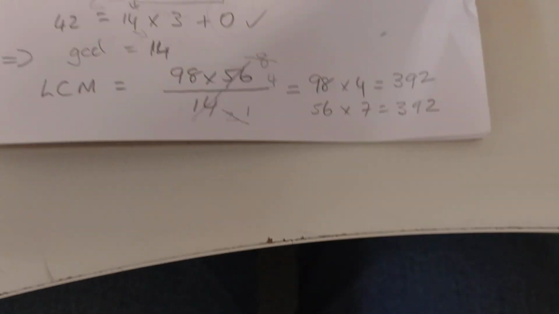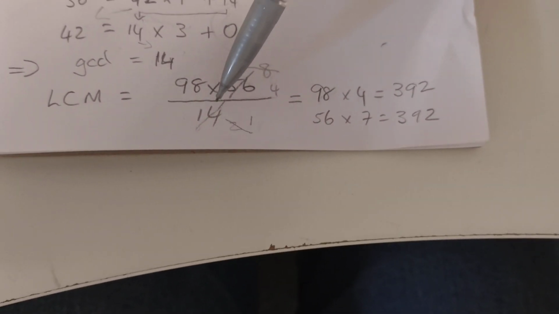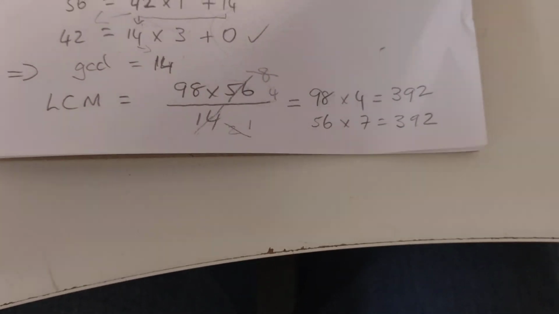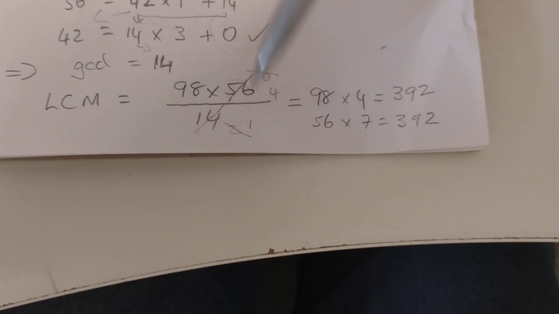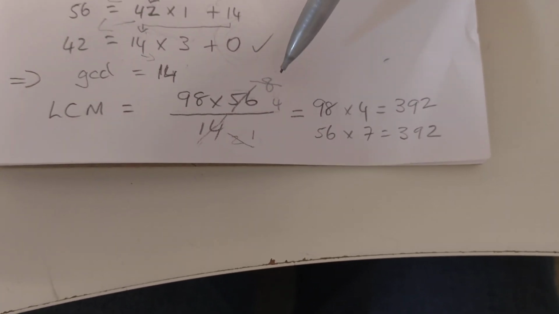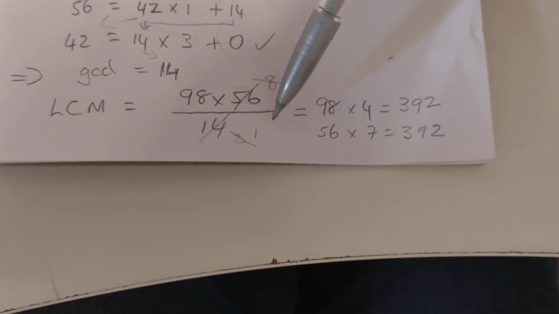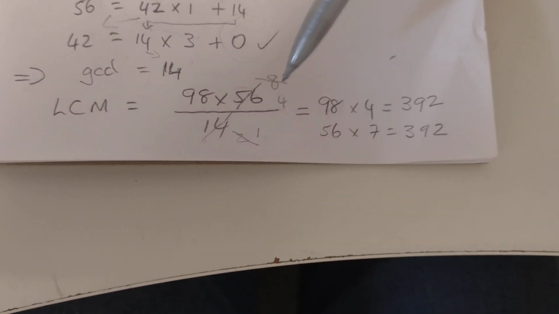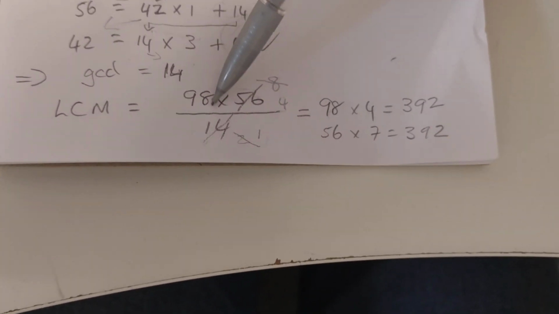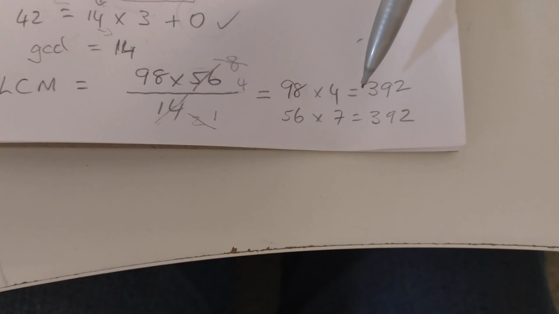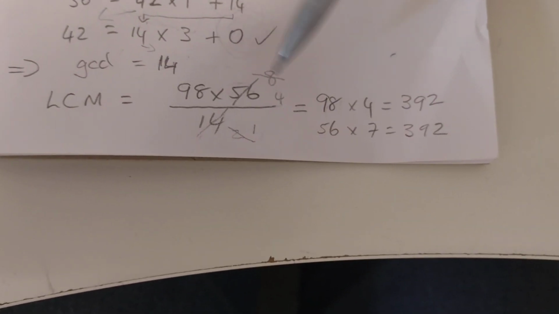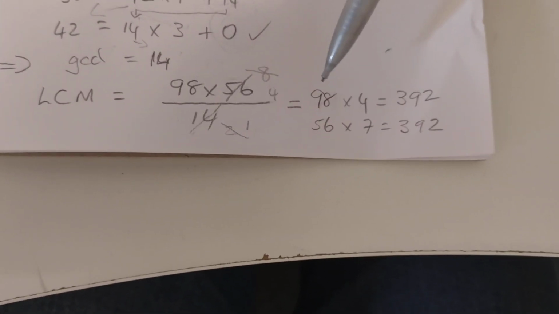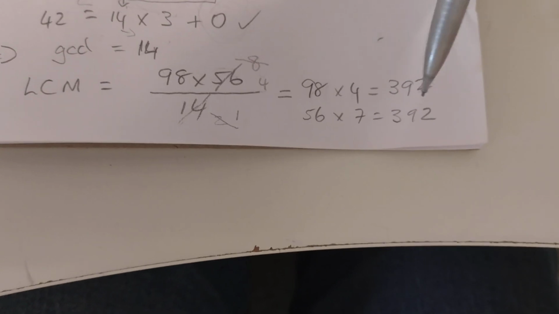This is what I did. I said 14 divided by 7 is 2, 56 divided by 7 is 8, and then I could further divide by 2: 2 into 2 goes once, 2 into 8 goes 4 times, 98 times 4 is 392. That is the LCM, the lowest common multiple of 98 and 56.